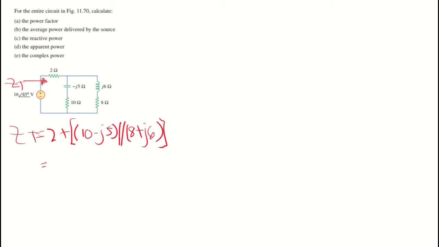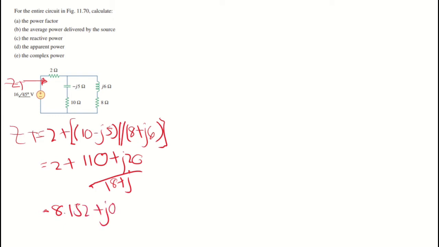From this you will get 2 plus (110 plus j20) over (18 plus j). So the total ZT will be 1.152 plus j0.768 ohm, or in polar form you will get 8.188 angle 5.382 degrees.